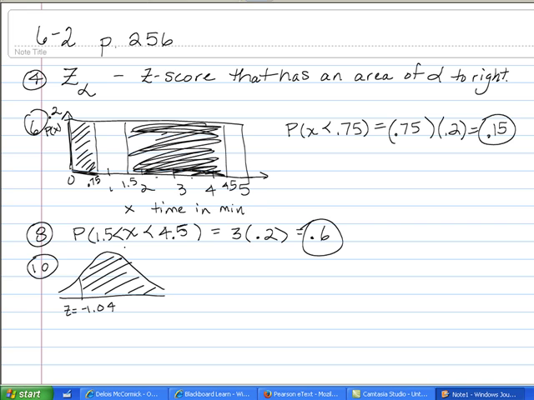Okay, I'm getting 0.1492, and that's the area to the left. I want the area to the right, so 1 minus 0.1492. It's 0.8508.